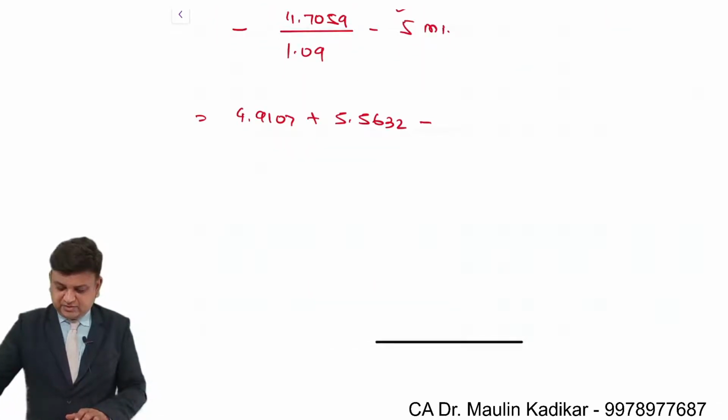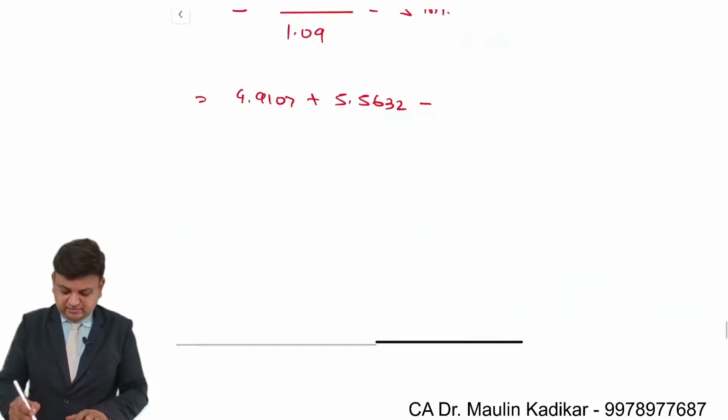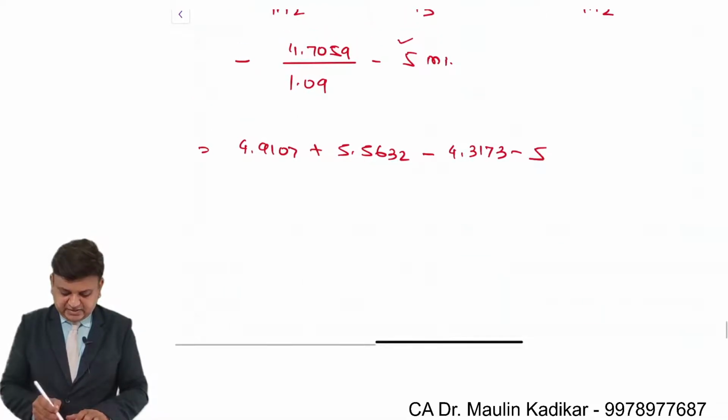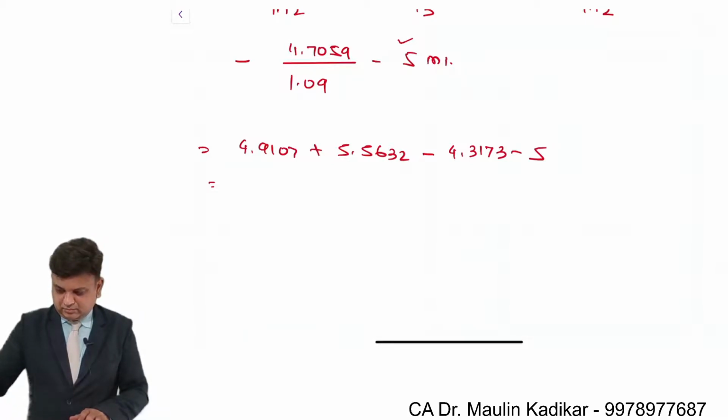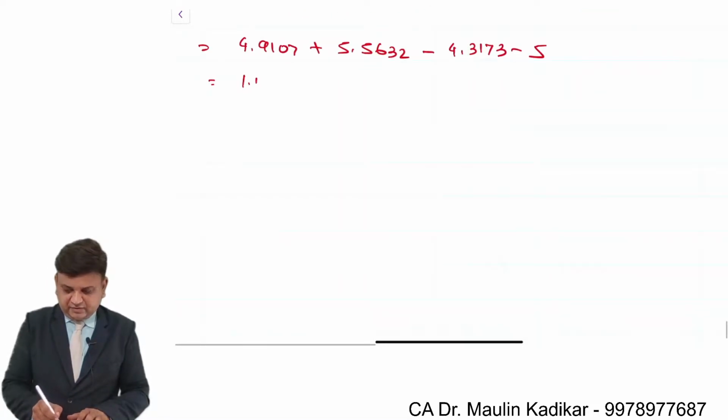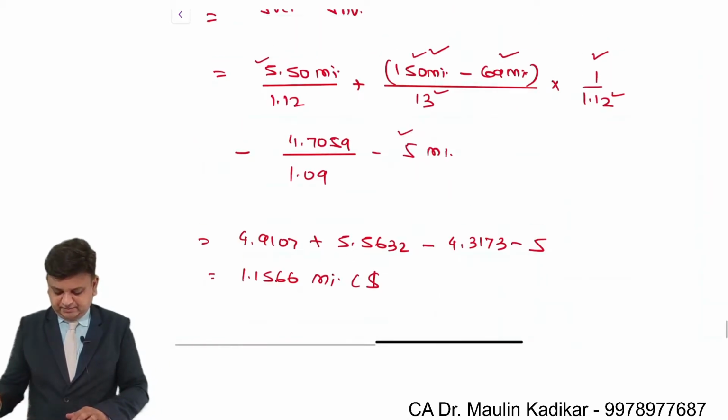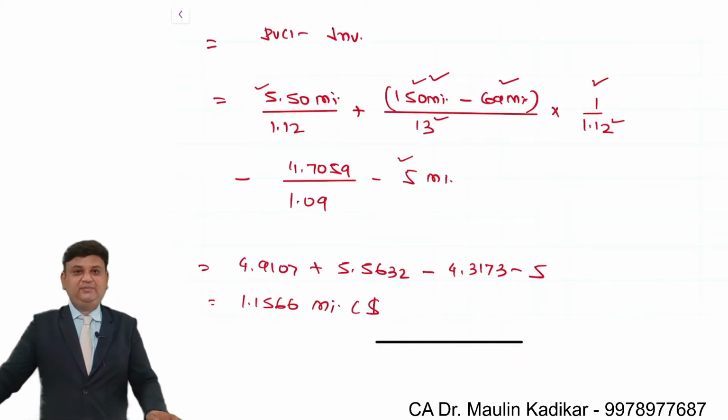Minus 4.7059 upon 1.09, 4.3173, minus 5. So 1.1566 million Canadian dollar. This is the way the NPV can be found.